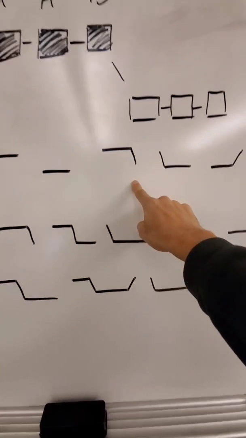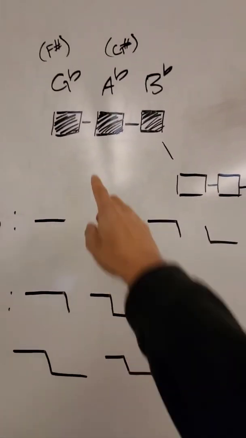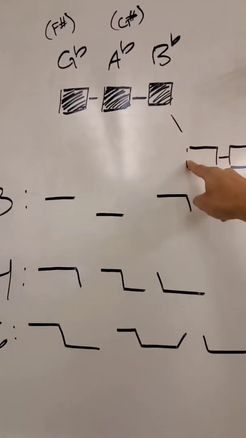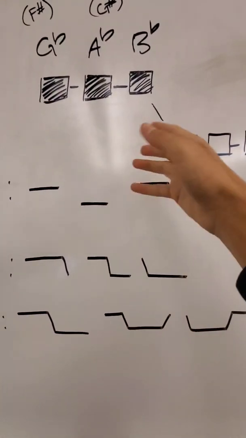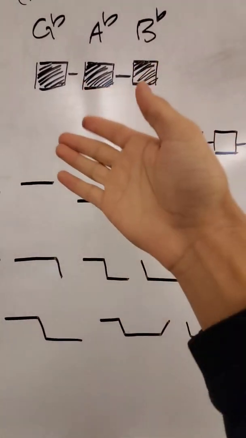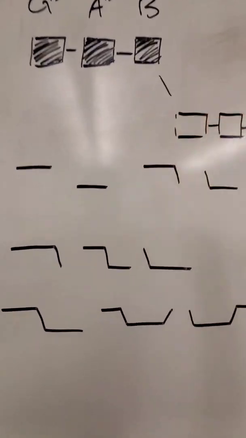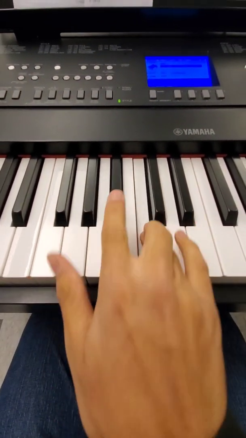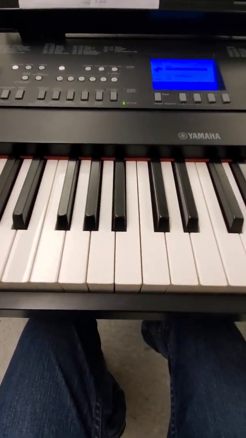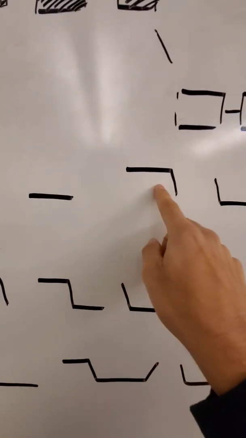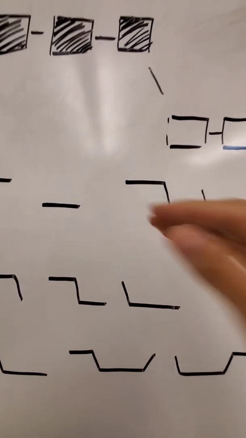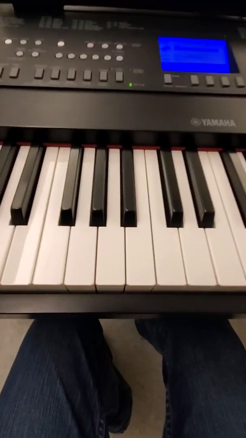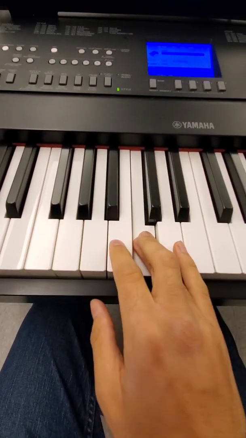If I need to play a major scale starting on A flat, it helps me to see that shape, so that I don't mess up when I'm playing my 3 whole tone notes. 1, 2, 3.